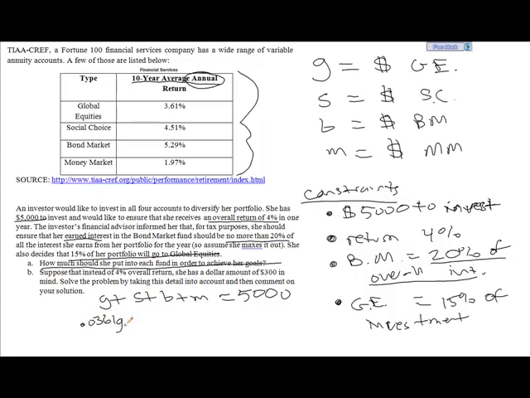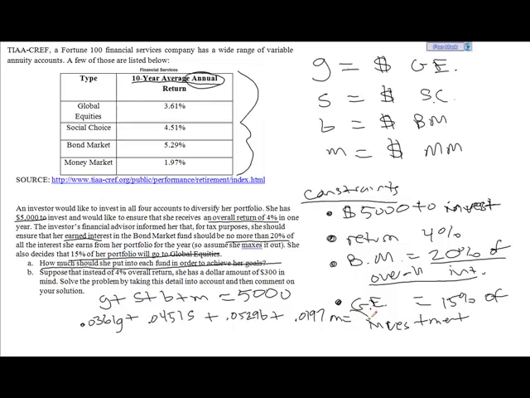So 3.61% of G plus 4.51% of S plus 5.29% of B plus 1.97% of M is going to equal an overall return of 4%.